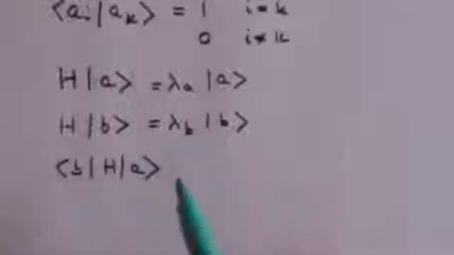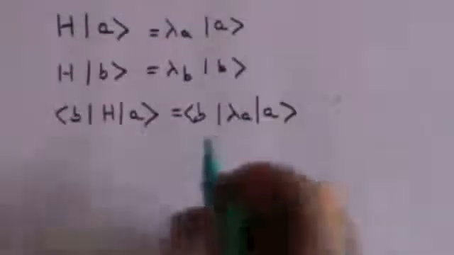Now I can create something which looks like this. I can take this equation here and I can write this. Now what does this mean? This just means that you take H and you operate on A, and that will give you a new ket vector. And then you take that new ket vector and you do the inner product with B. That's all that means. Well, what is that?